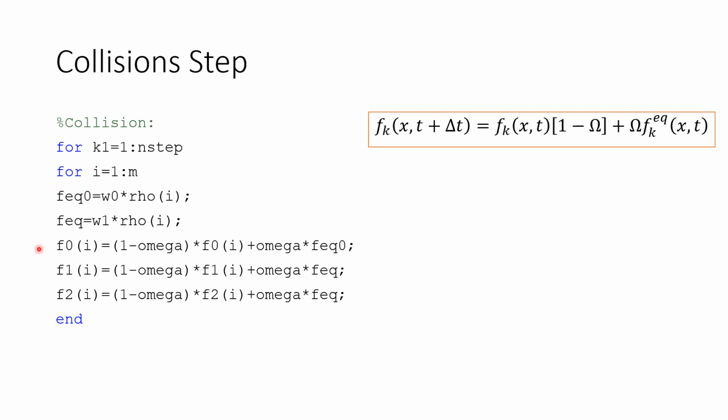And then for the first one, we have to calculate the F equilibrium for each of the molecules, and for the molecules in the middle we would have to use W0. And then for the value for F1 equilibrium and also F2 equilibrium, we would have the same values because W1 and W2 are the same, so we can just use FEQ.